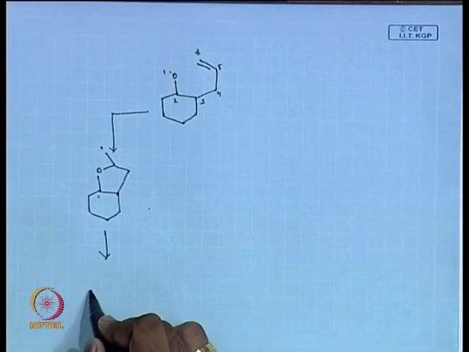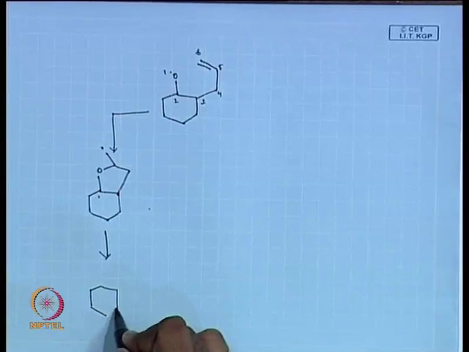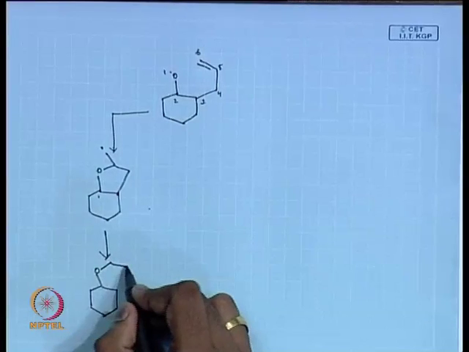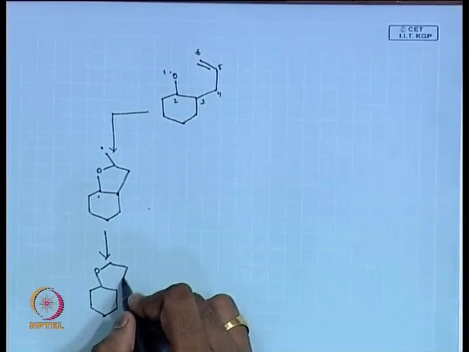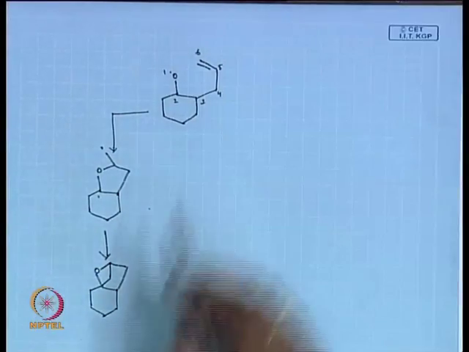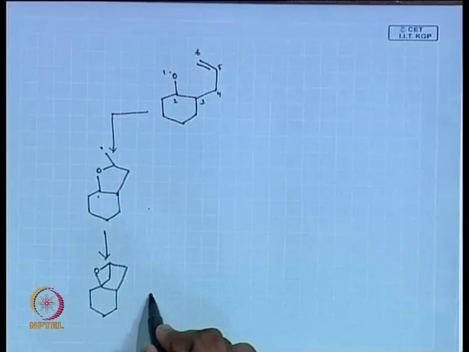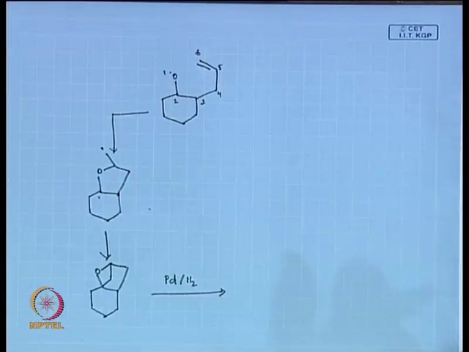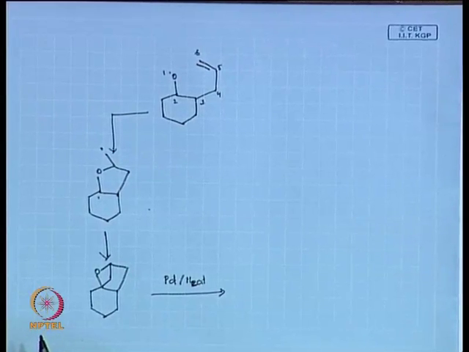Then you can combine this radical, can I get this, right. Now, this is one of the products and you get another product which is the 6-member. If I put palladium to this, with heat, I am doing a type of aromatization, right. So, what do you think it is going to end up as?